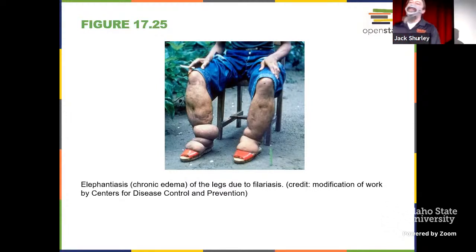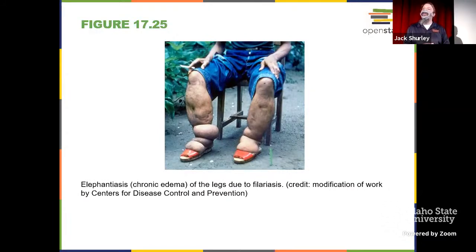Elephantiasis: there's a handful of different types of filarial parasites that can get in, impacting the lymphatic system. We will hit some of these diseases in the next unit of material. But they cause blockages with the lymphatic fluid. The lymphatic system should be draining interstitial fluid and moving this stuff out of the extremities.